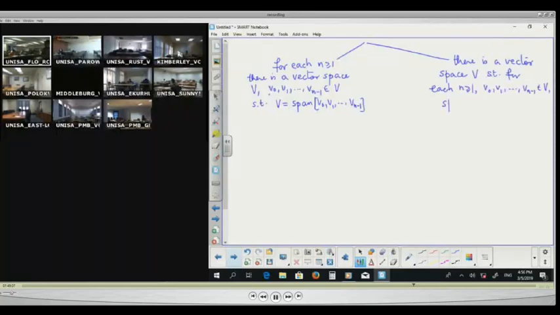let's have some examples for this. The prime example for this is this. Remember, these are all polynomials. Okay?